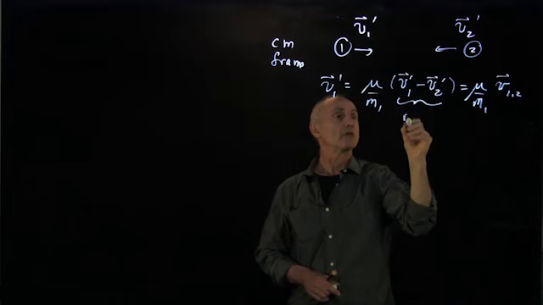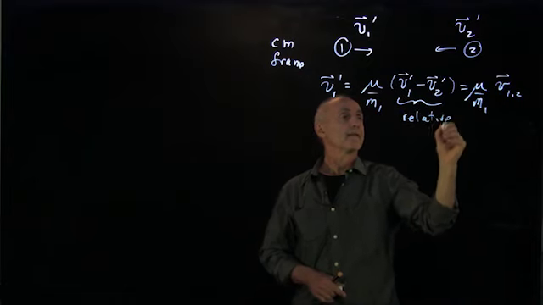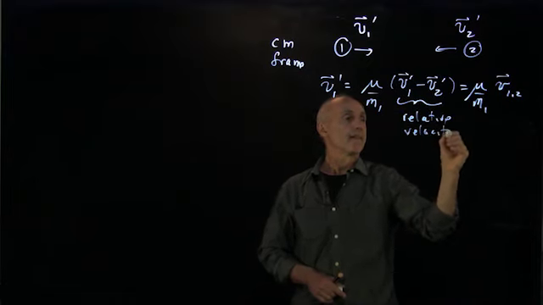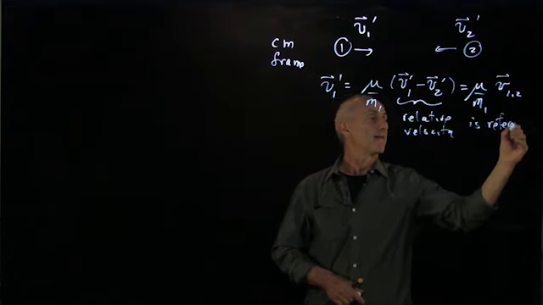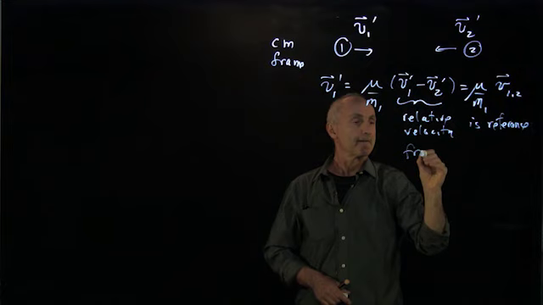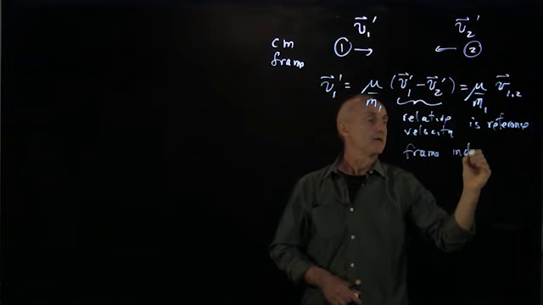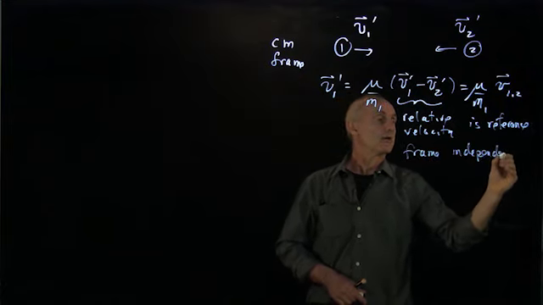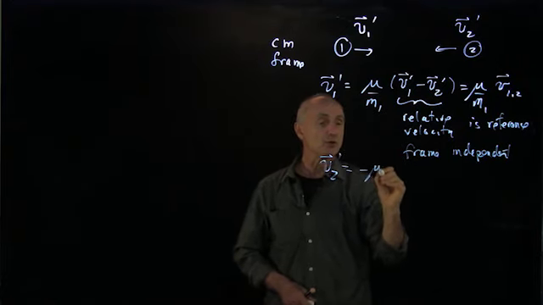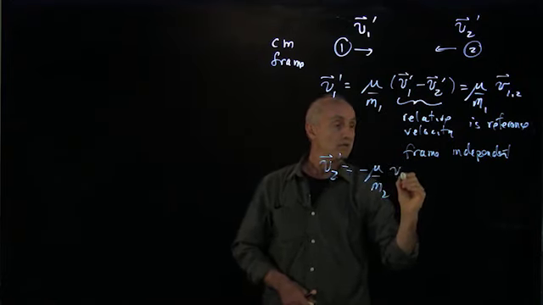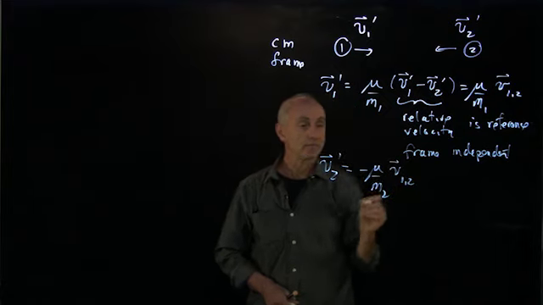The relative velocity is reference frame independent. So we also knew that v2 prime was equal to minus mu over m2 v12.